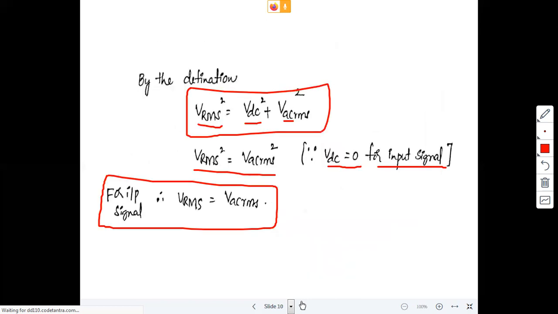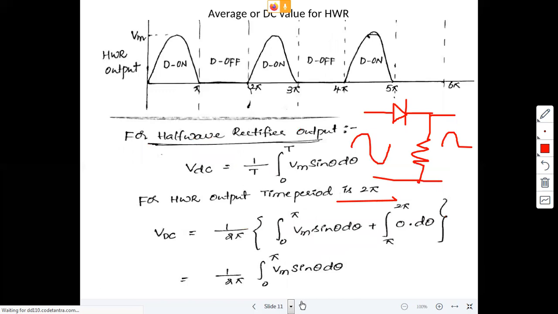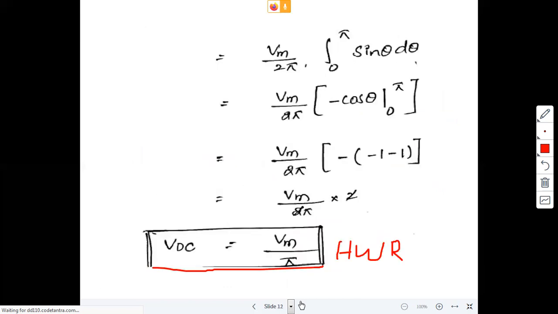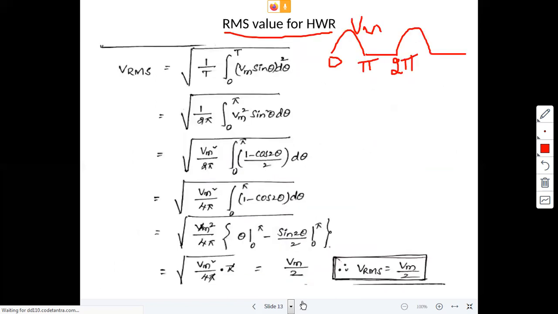Now for the half-wave rectifier circuit, first we calculated the average or DC value, which is equal to Vm by pi. Then RMS is equal to Vm by 2.